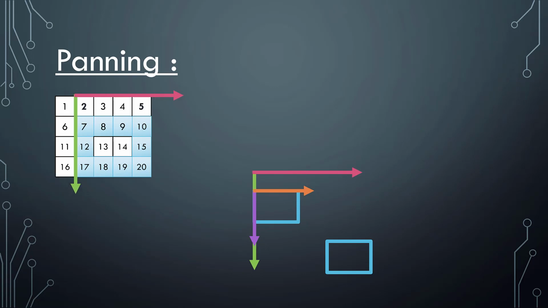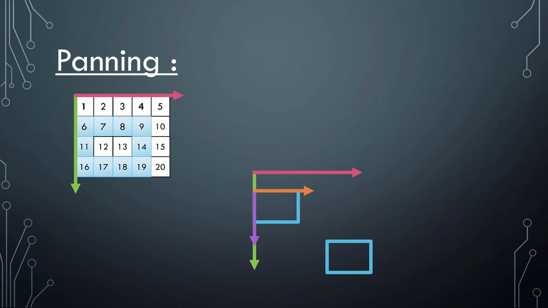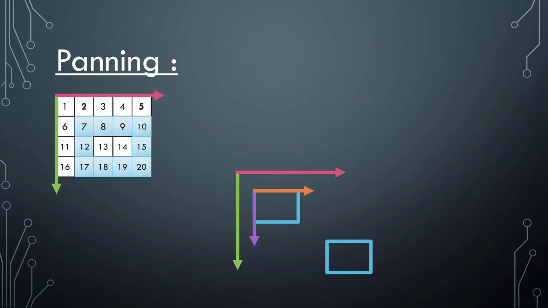So we want to be able to just move our pixels, our frame buffer, to the right, but we can't actually do that. So we have to move our pixels and our representation of the frame buffer itself together along with the movement. So it ends up looking like this.